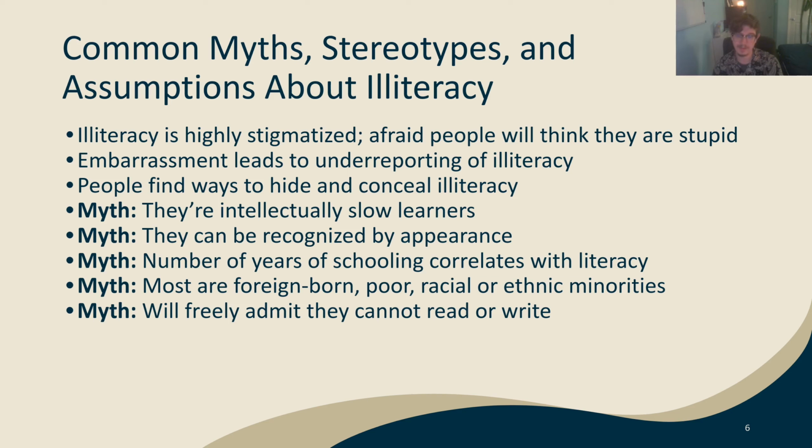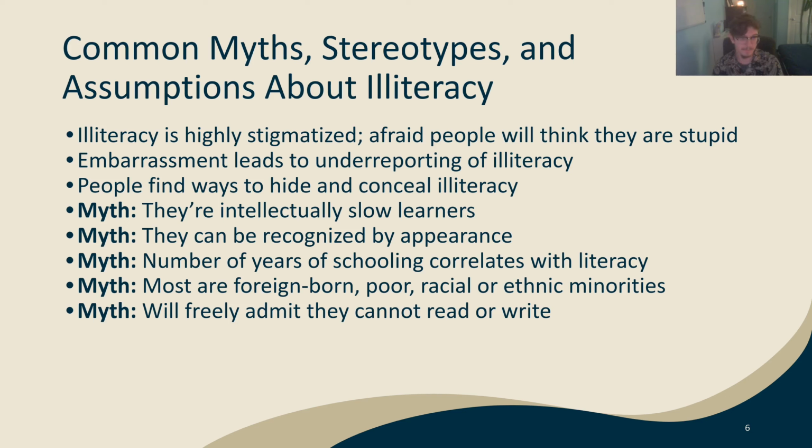There have been some people that are very rich, very powerful, that have not been able to read. There's people out there walking around in fancy clothes and suits and ties, and they're marginally illiterate, right? They've got low literacy. Those people do exist. You can't recognize them by appearance. These people come from all walks of life.